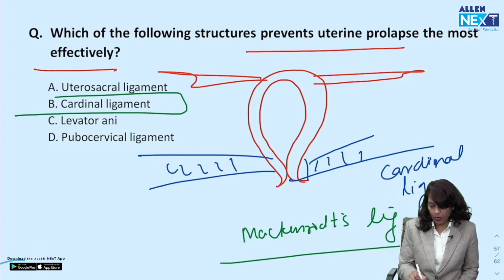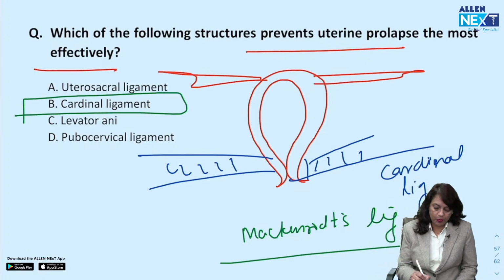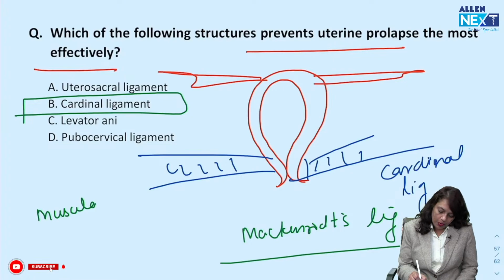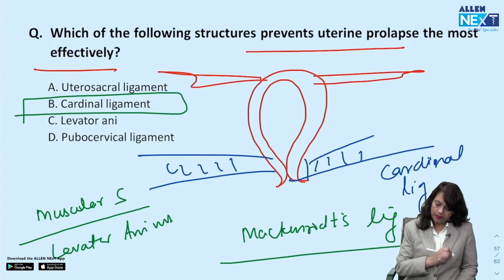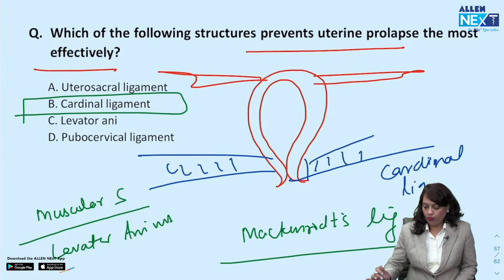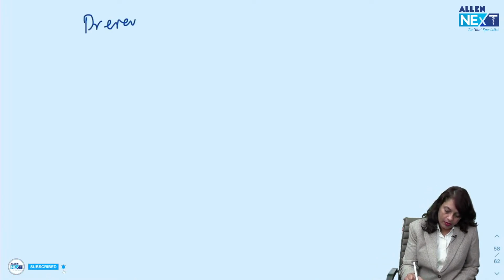This is the most important ligamentary support to the uterus, and the most important muscular support is the levator ani muscle. Fine.